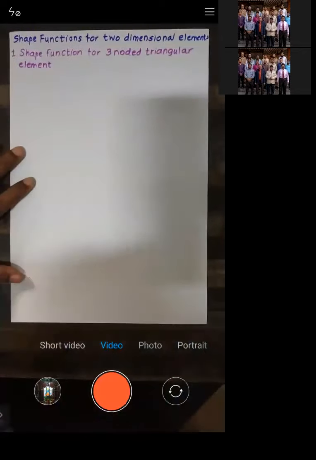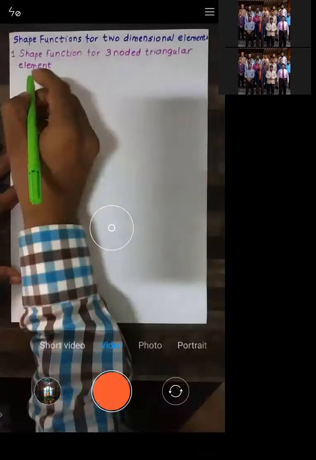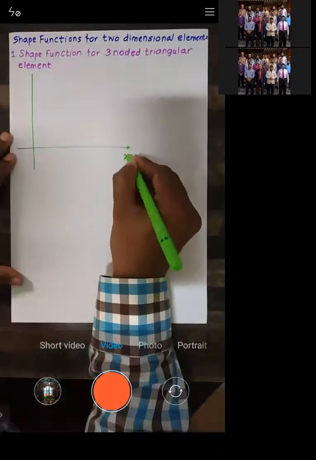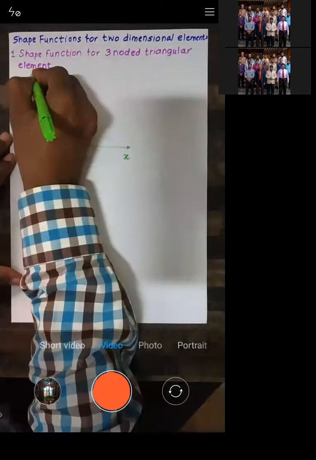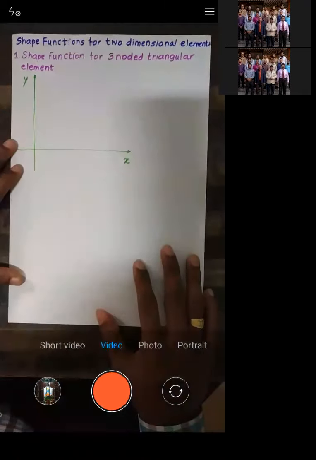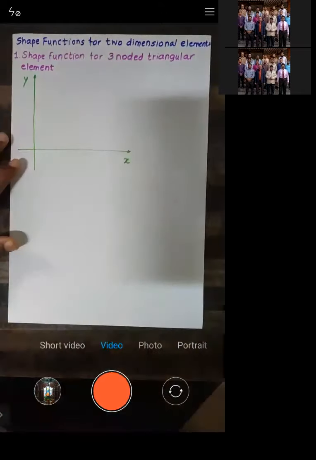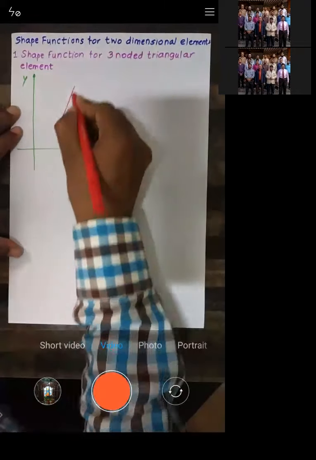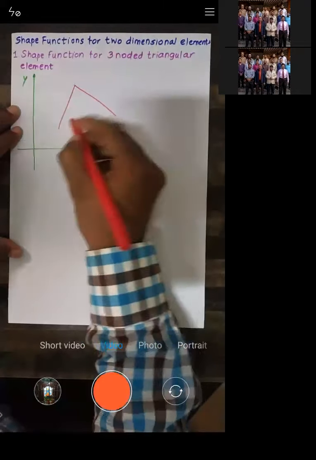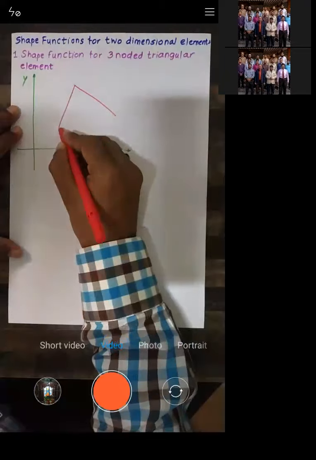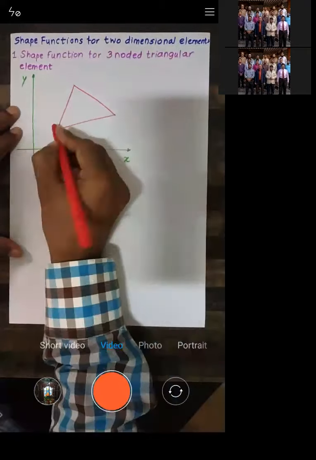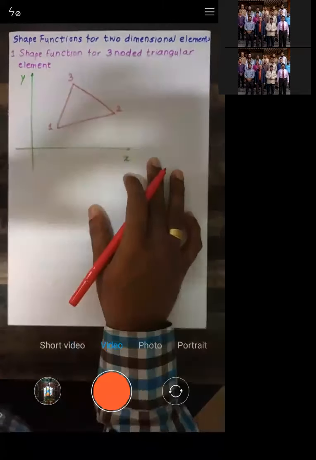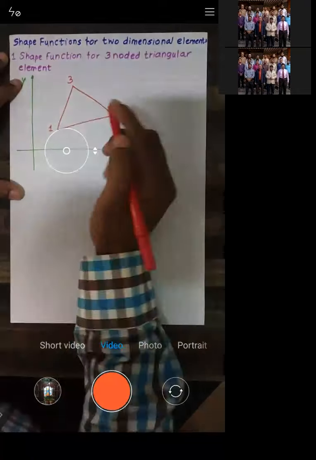I will first draw the diagram. This is the x coordinate, this is the y coordinate. This is basically the Cartesian coordinate system. Now let us consider this triangle, which has node number 1, node number 2, and node number 3. These are the nodes, or simply the corners of the triangle.